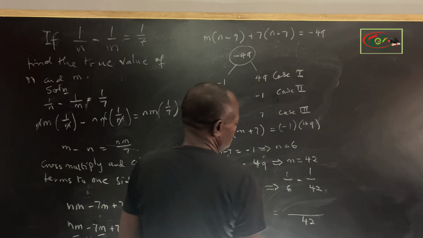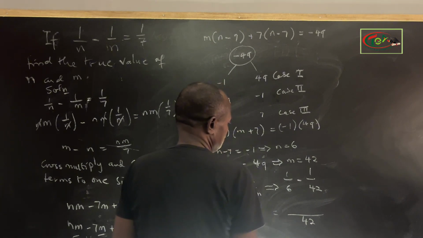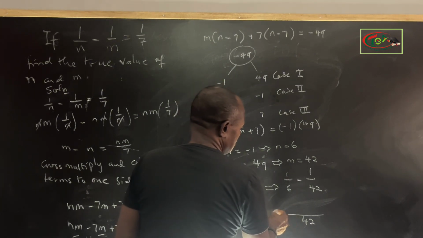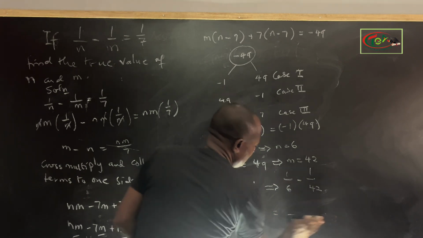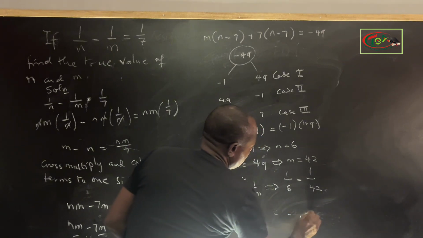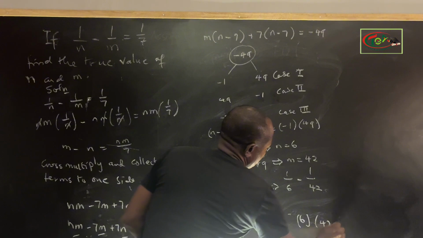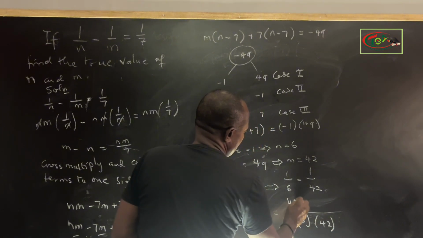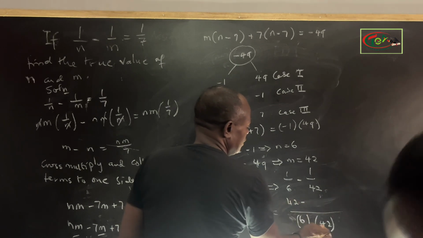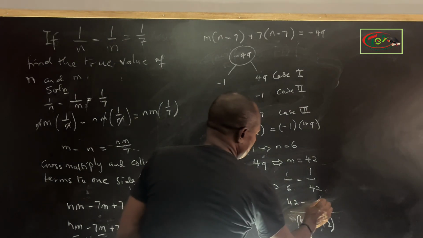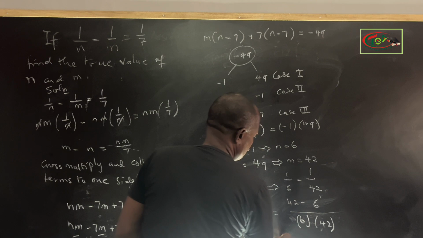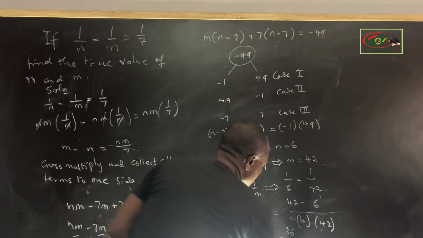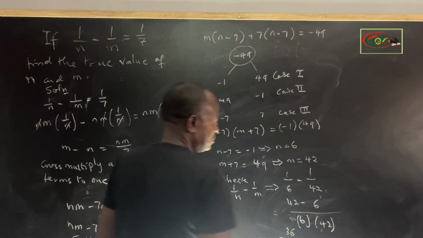6 into 42, you can check, we have 6 and we have 42. 6 we cancel, we have 42 take away 6. That's going to give us 36 over 6 times 42.